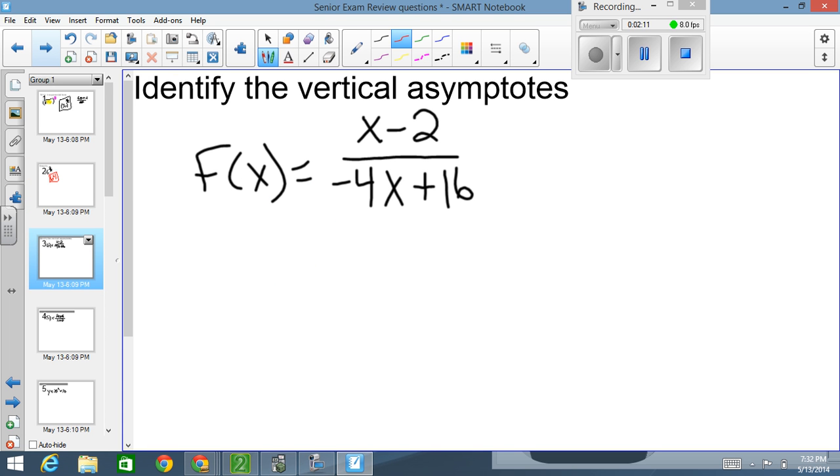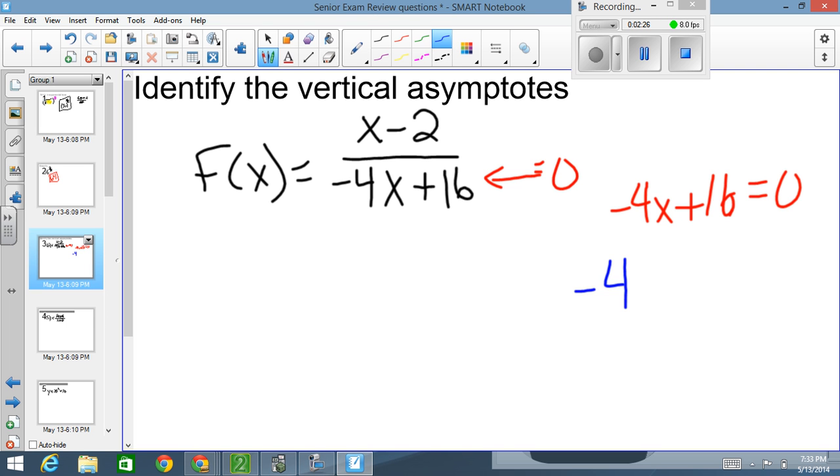Vertical asymptotes. Okay, 2 ways you can do this. One way you can do this is simply setting the denominator equal to 0. So if I take negative 4x plus 16 and set it equal to 0, okay, I could start by factoring out a negative 4. That would leave me with x minus 4 inside the parentheses.